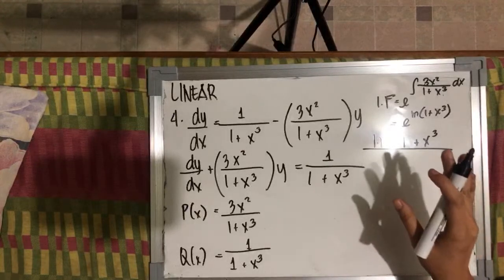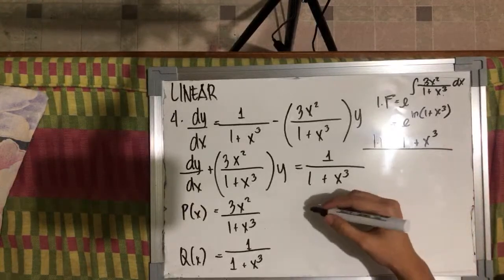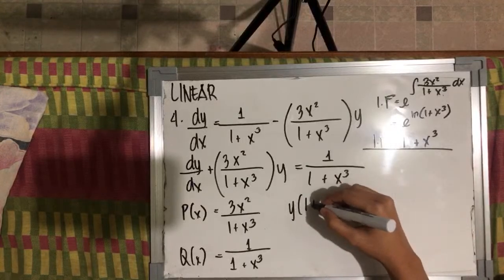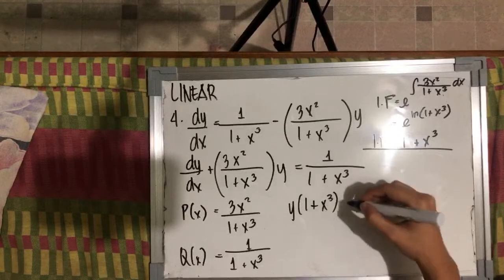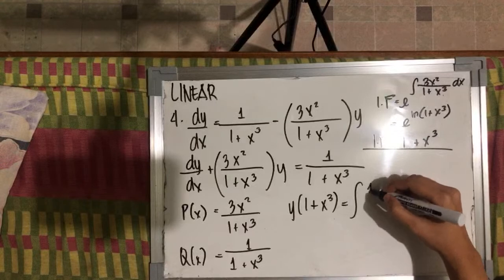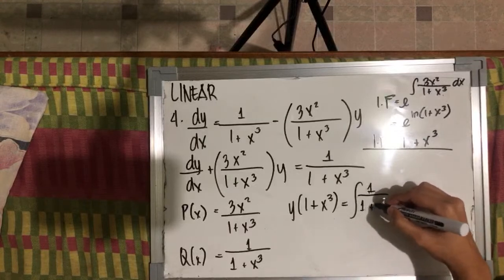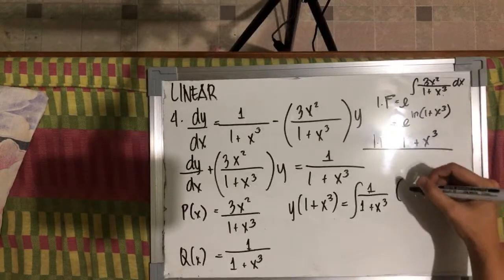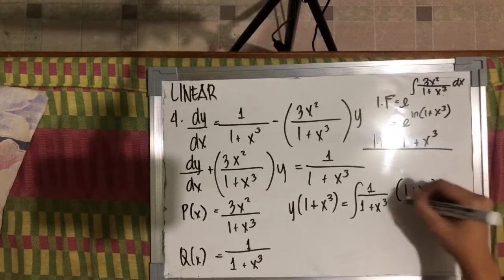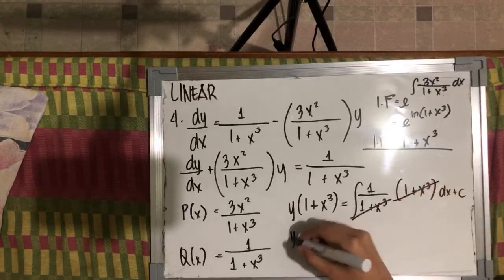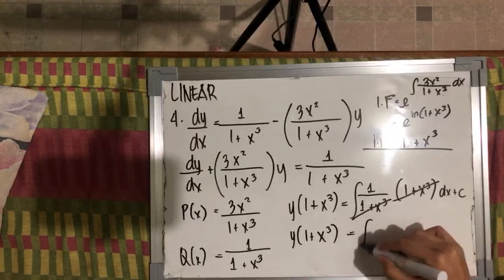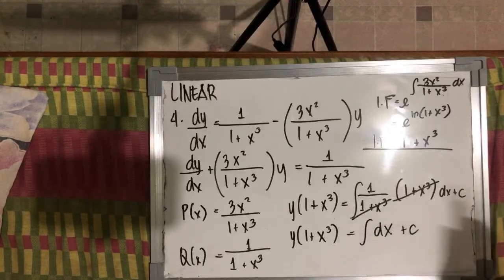Now, substitute ko siya sa general solution natin, which is y times integrating factor na 1 plus x raised to 3 is equal to the integral of q of x. So, 1 over 1 plus x raised to 3 times integrating factor. So, magka-cancel out lang ito. So, y times 1 plus x raised to 3 is equal to integral ng dx plus c.